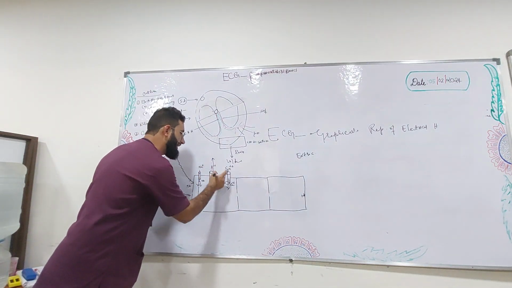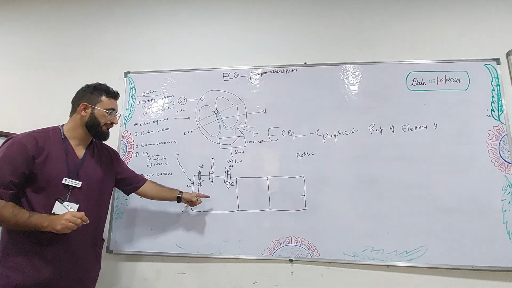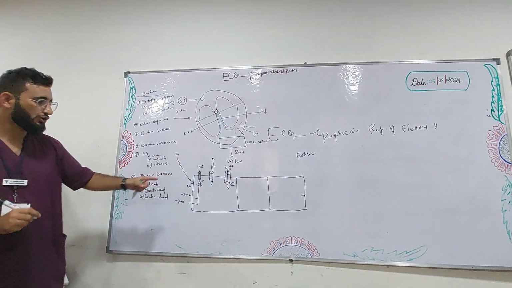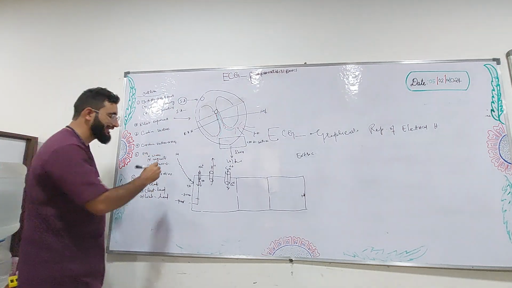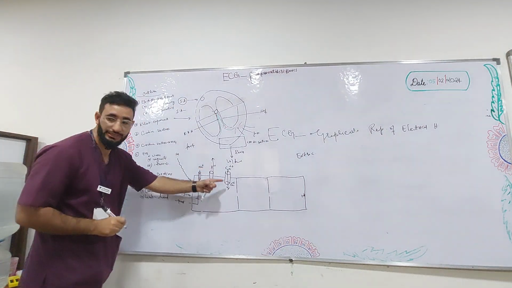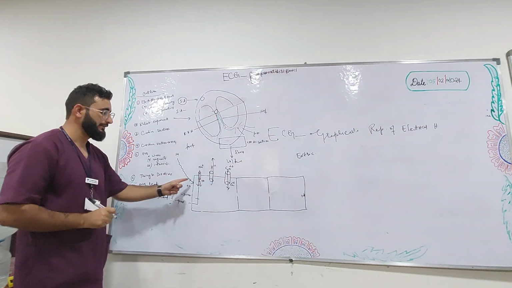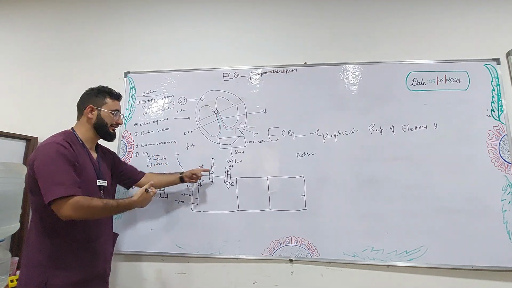but there is efflux of potassium and influx of calcium. So at some time the charge will neutralize, because potassium is a faster channel as compared to the calcium channel, and sodium is faster than these channels.